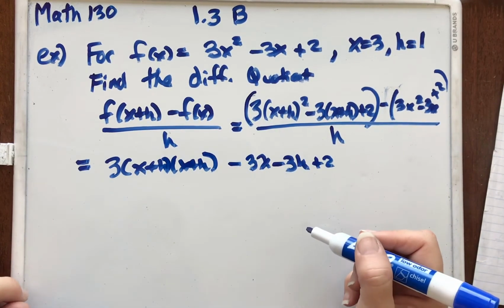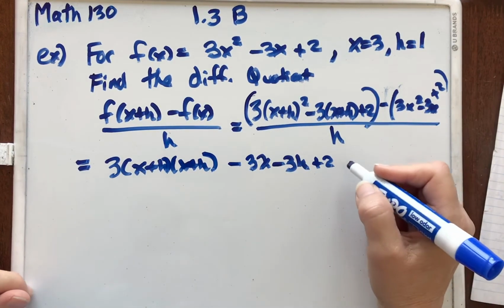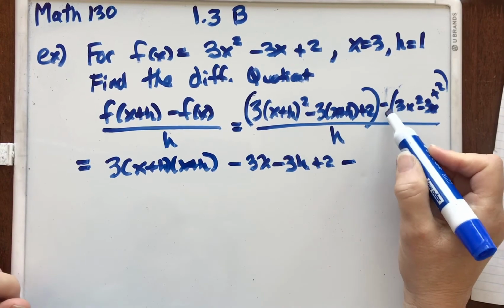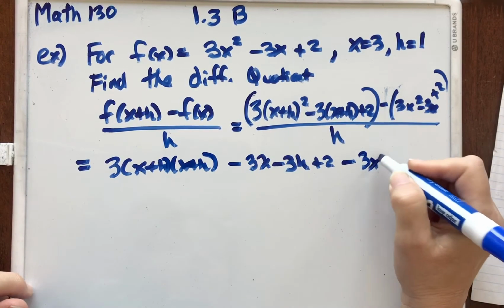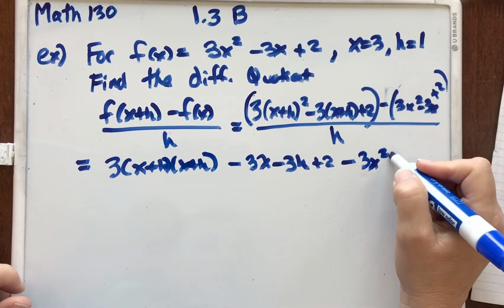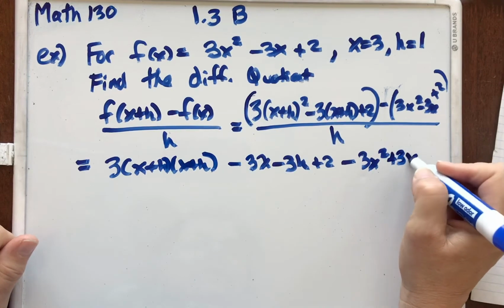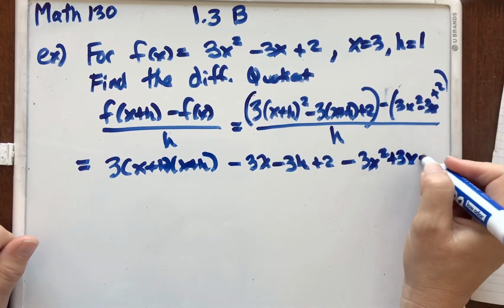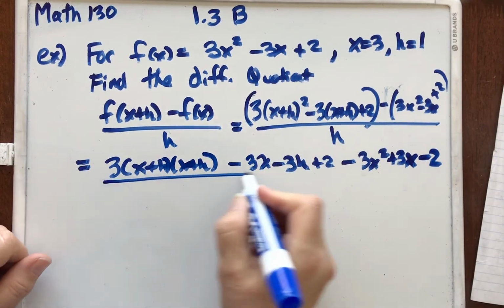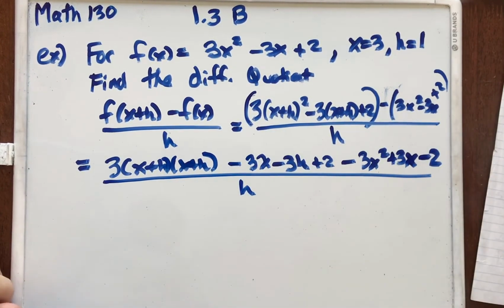All of that minus, now we distribute this negative sign, minus 3x squared, minus times minus, plus 3x, minus times positive, minus 2, all over h.